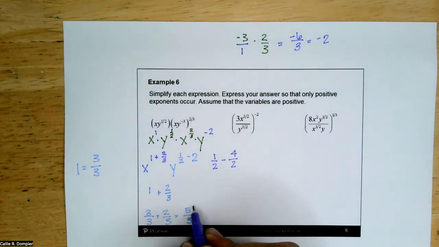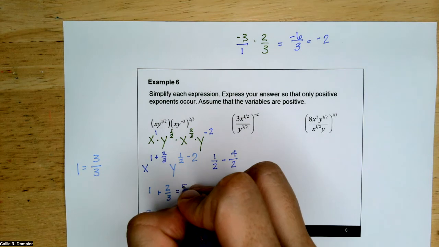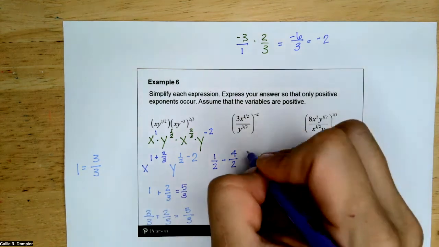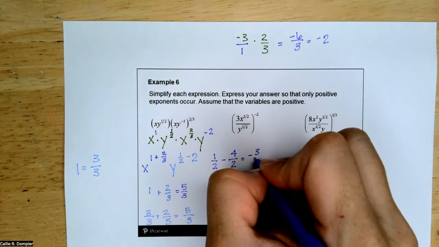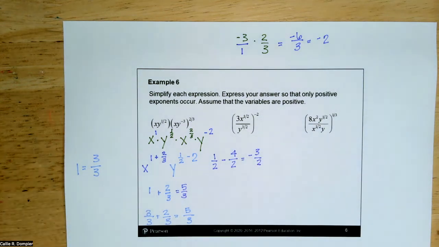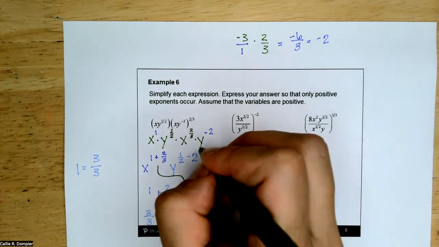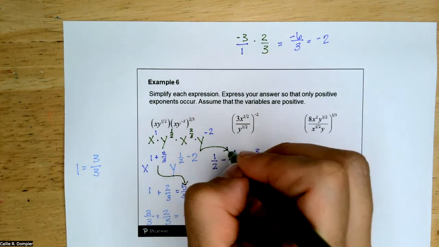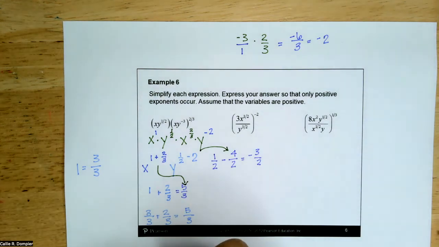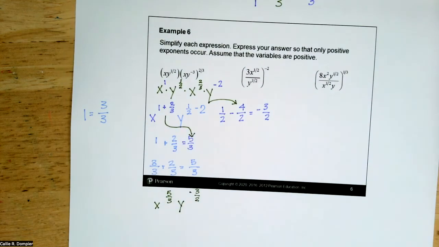So 1 plus 2/3 becomes 5/3. 1/2 minus 4/2 is -3/2. So now we have x to the 5/3 times y to the -3/2.